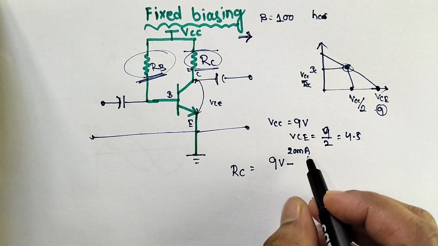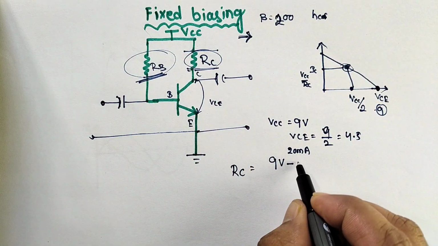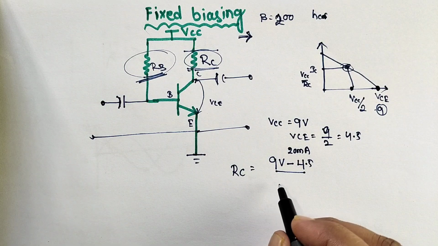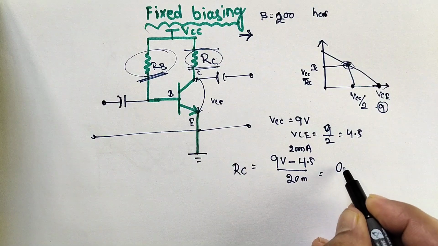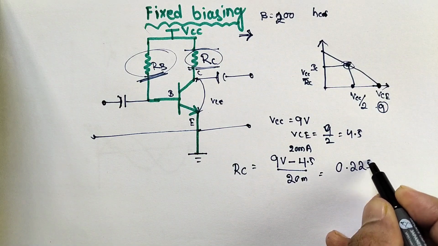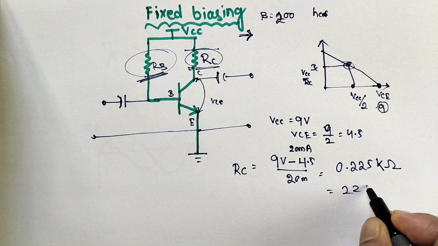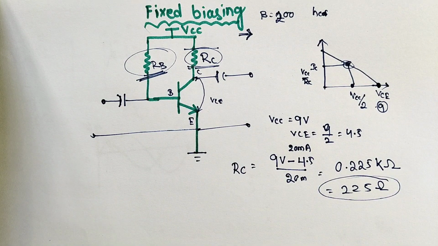So 4.5 volt divided by 20 milliampere gives 0.225 kilo ohm, so we can take 225 ohm. Practically this is not available, so we can take 220 ohm or a similar standard series value for RC. This is the RC value for a practical circuit.